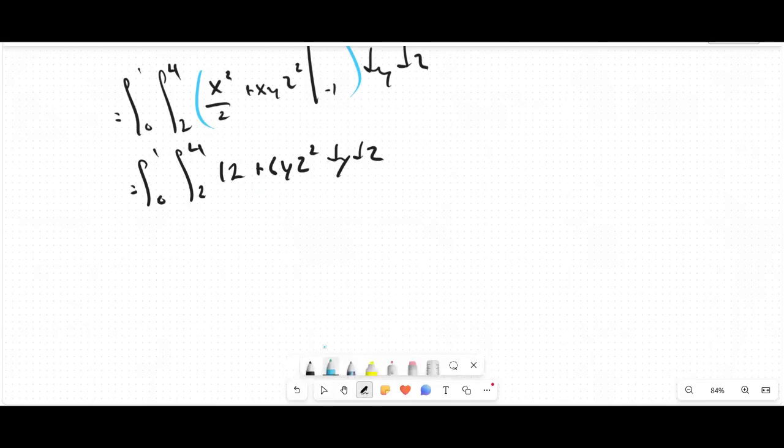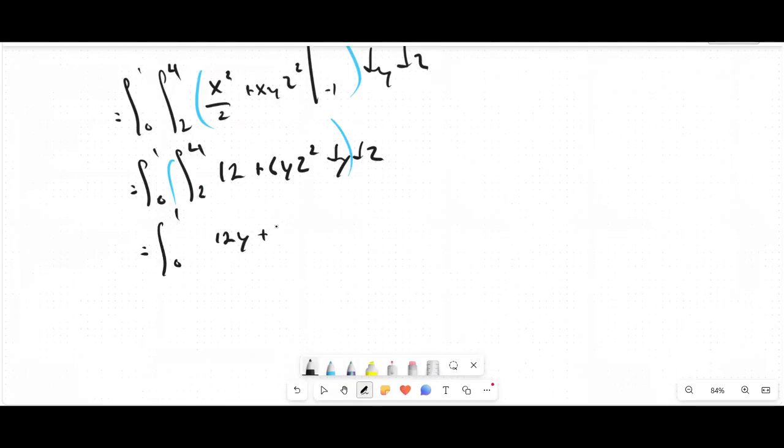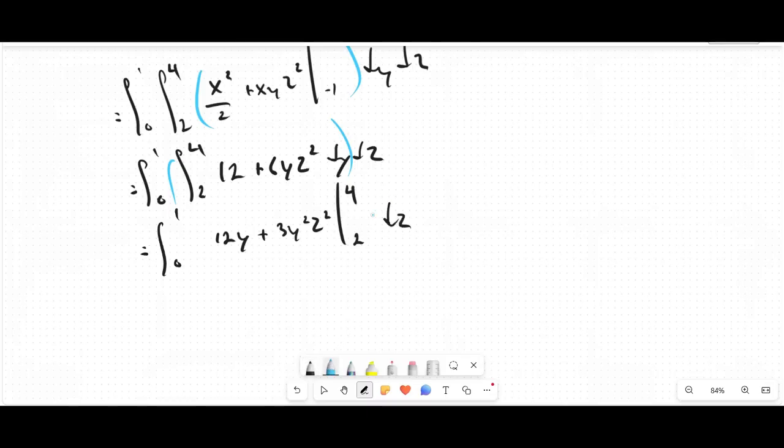Okay, next up, we'll do the dy. 12y plus 3y squared z squared from 2 to 4 dz. Everything in blue here is the integral of the previous line.